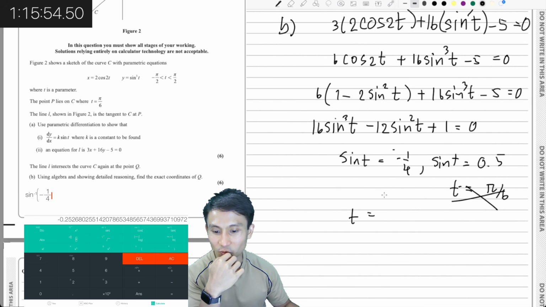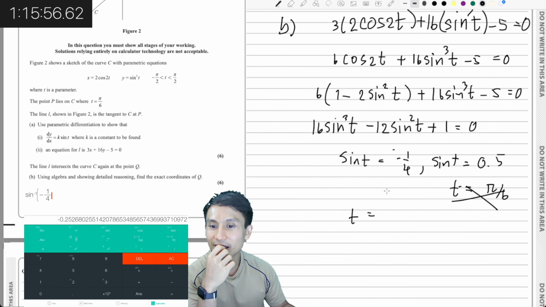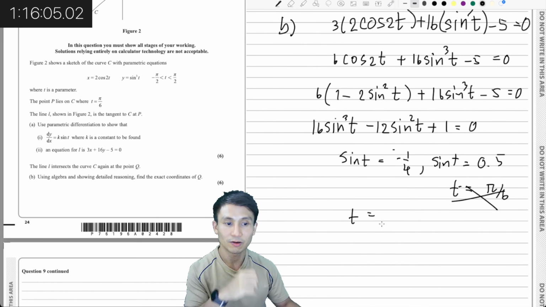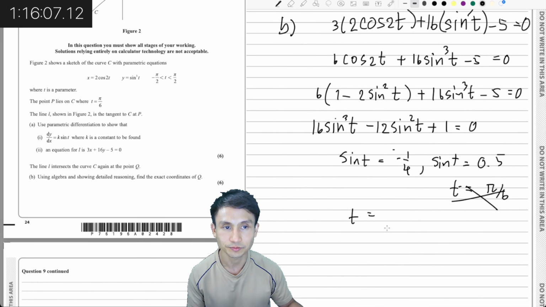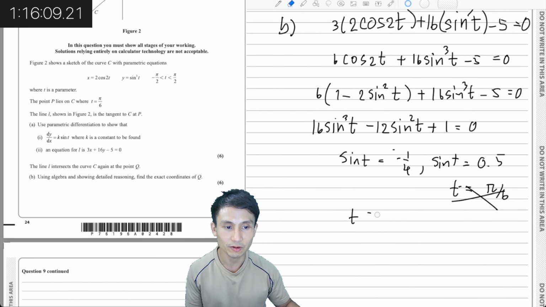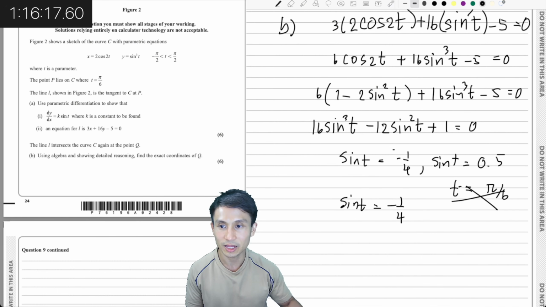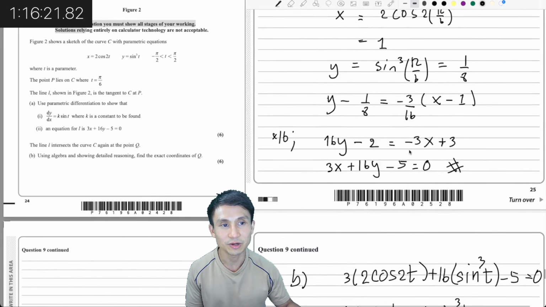Wait, exact coordinates? Oh no, exact coordinates of point Q. All right. We're going to keep this sine t. We're not going to solve it. That's fine, because it wants coordinates of point Q. So we are good with that. No problem. We're going to keep around sine t is minus 1 over 4.